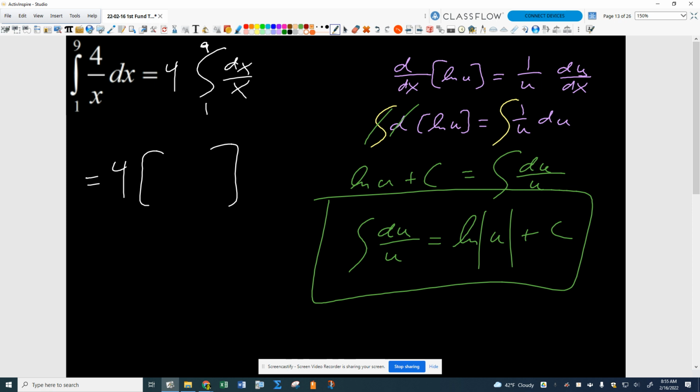Now we don't include the c if we're doing a definite integral. And why wouldn't we include the c? Seems like it ought to be there, but if it were there, we're just going to be subtracting it from itself, right? I'd end up with log 9 plus c minus log 1 plus c. So the c's are always going to cancel. So we just never include them, right?